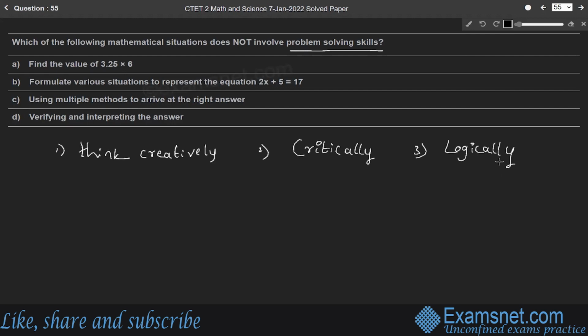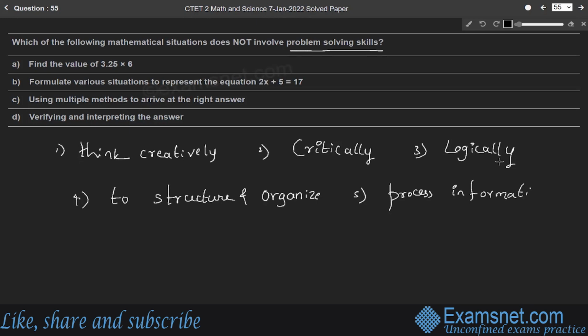Logical thinking. The ability to structure and organize. Ability to process information. So these are some of the problem solving skills involved in mathematics.